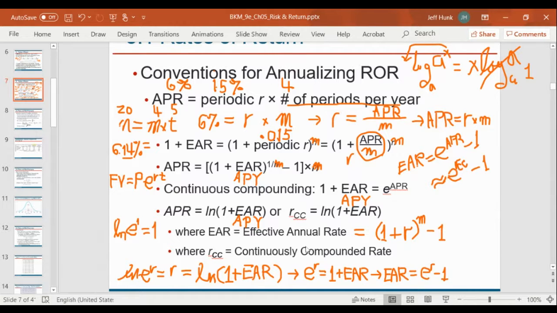We will use continuous compounding from time to time, but we will keep using discrete compounding because it's conceptually easier.